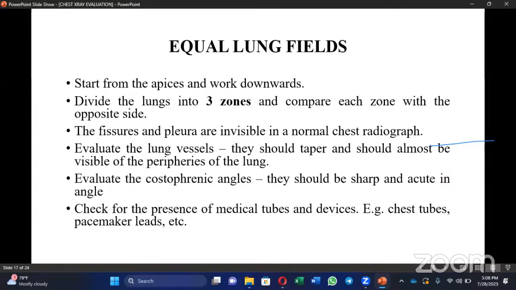Then let's look at other things that we can see within the lung fields. We can also have chest tubes and other medical devices within the lung area. It is very important to look out for them. Okay, examples, we can have the pacemaker leads in there. We can also see chest tubes. Okay, we can also see other medical devices. All right.